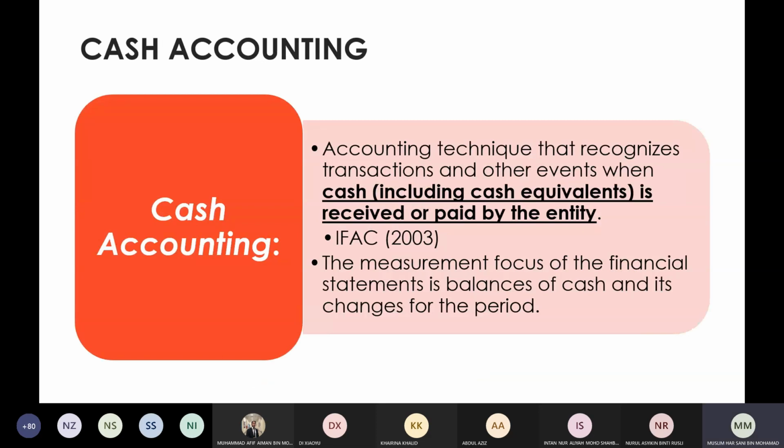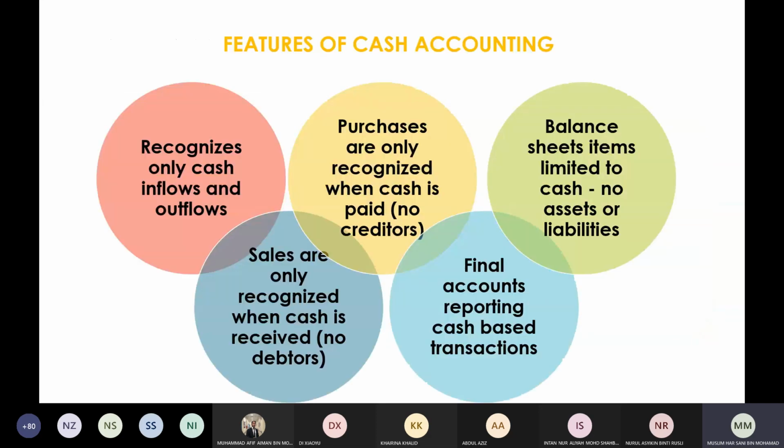Cash accounting is an accounting technique that recognizes transactions based on cash or cash equivalents. The measurement focus of the financial statement is the balance of cash and its changes for the period. It recognizes only cash inflow and outflow. Purchases are only recognized when cash is paid.